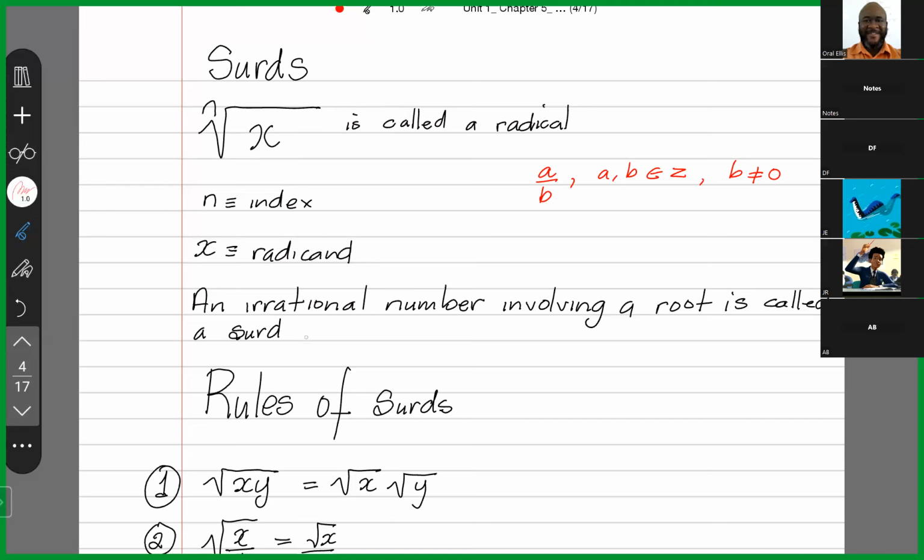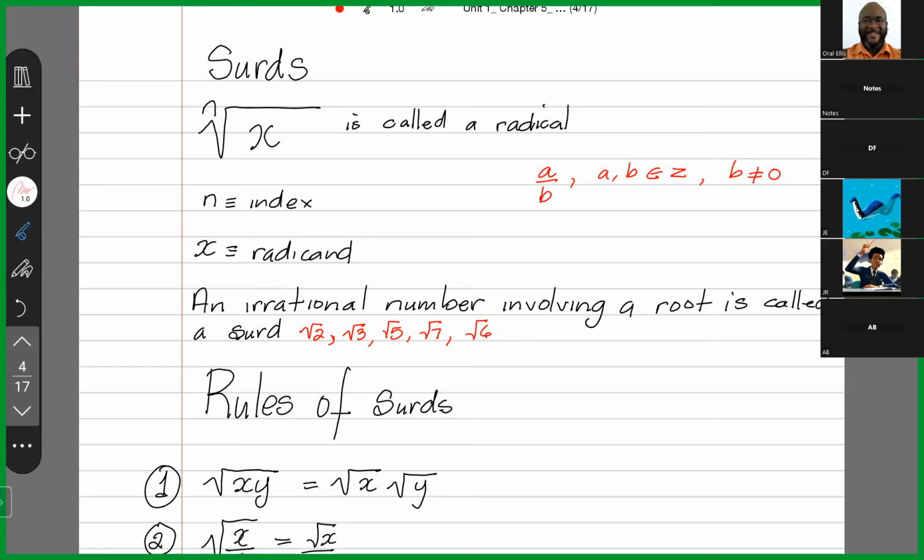Now, examples of irrational numbers are like what? The root of what? 2, the root of 3, the root of 5, the root of 7, even the root of, let us say, 6.